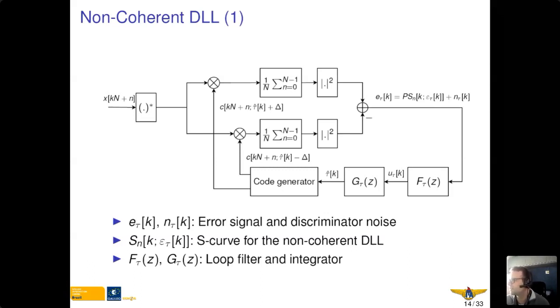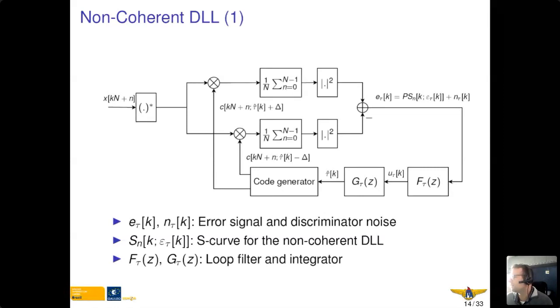If you linearize this curve around the true time delay, when the time delay estimation error is 0, we can see that there's a linear dependency between the error and this observation. So the error signal is quasi an estimate of the time delay estimation error, and we're trying to minimize this time delay estimation error by driving the loop with this error.